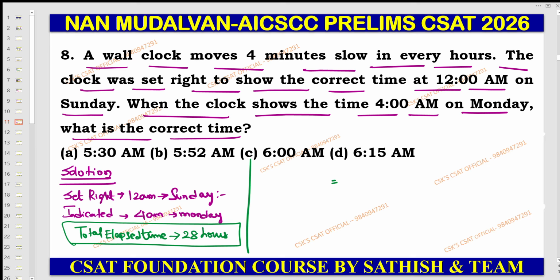In an hour, the clock is 4 minutes slow, or loses 4 minutes. Which means if the right time is 60 minutes, 4 minutes lost means 56 minutes only, right?